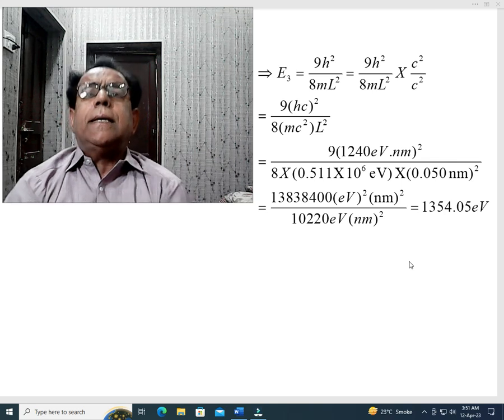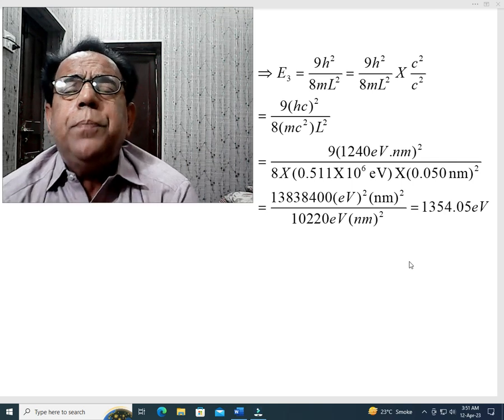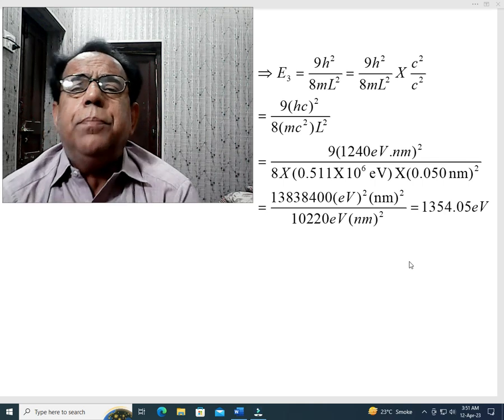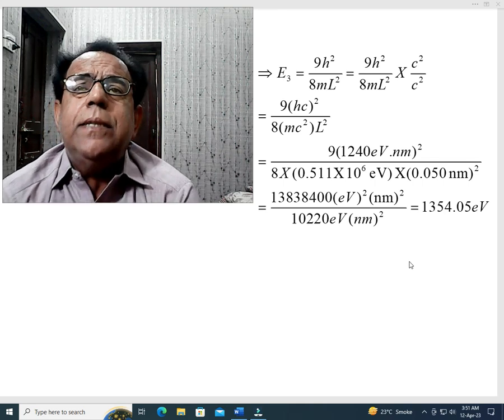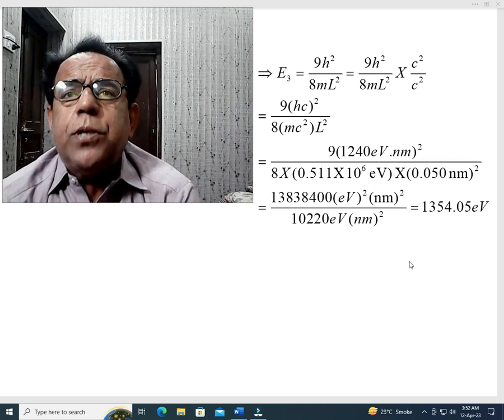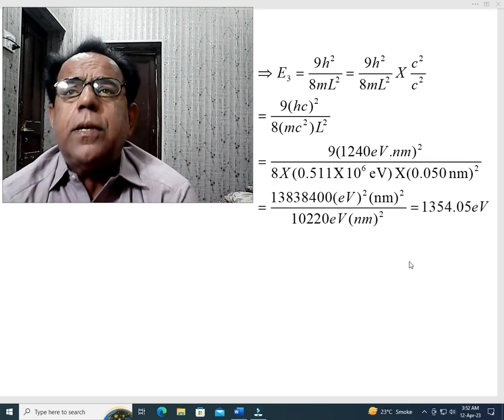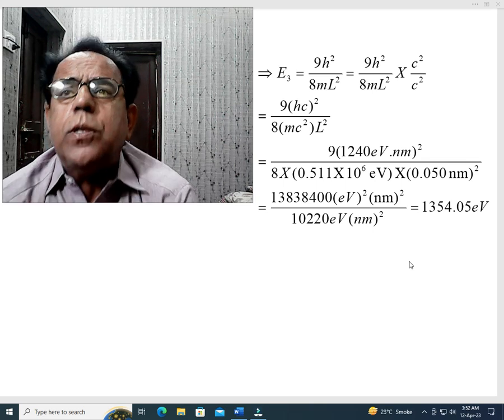In the next step 9 is the same, however in place of hc we have used the combined value of hc, 1240 electron volt nanometer whole square, divided by 8 into 0.511 into 10 to power 6 electron volt into 0.050 nanometer whole square.